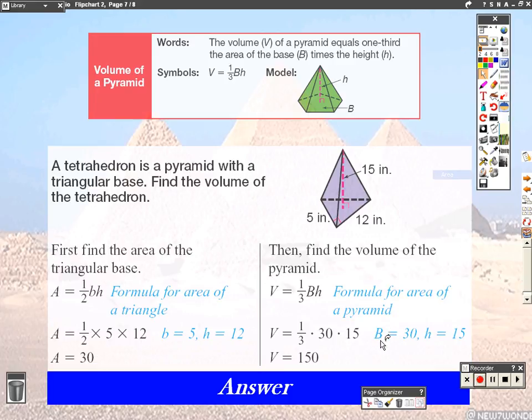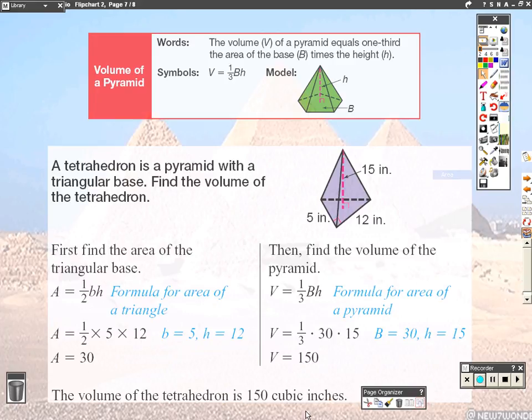In step number 2, you would take that 30 and now multiply it by the height or altitude, which is 15. When we come up with our answer there, we have to remember we're also multiplying it by 1/3, or dividing by 3, which would give us our final answer of 150 cubic inches.